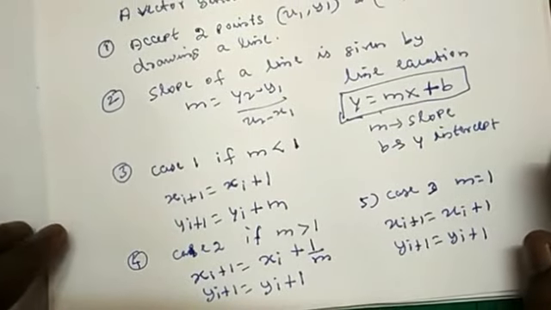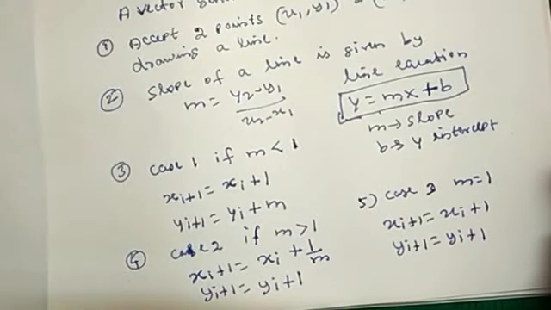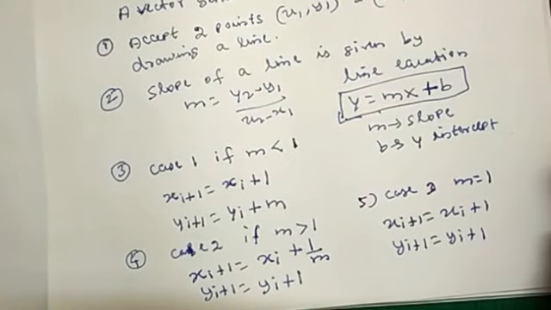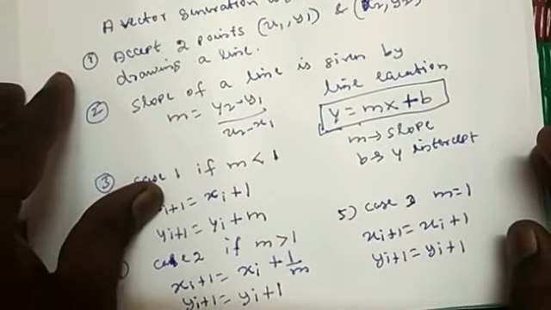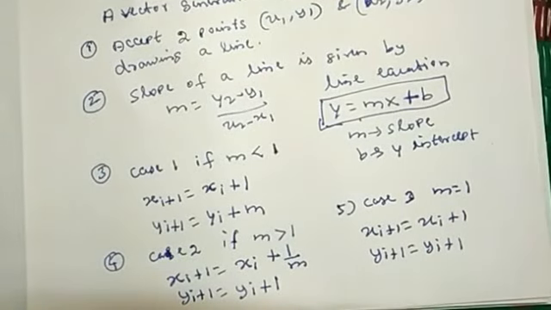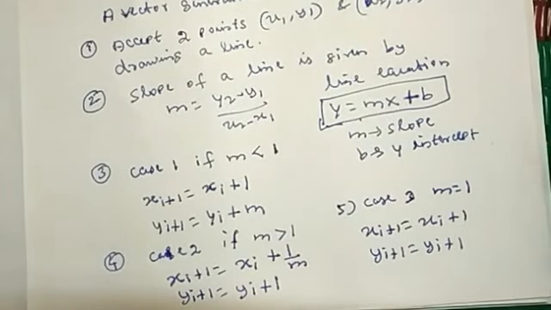We will proceed in this fashion until the value of x or y is equivalent to the destination point x2, y2. So this algorithm is repeated until you get a point which is equivalent to x2, y2.